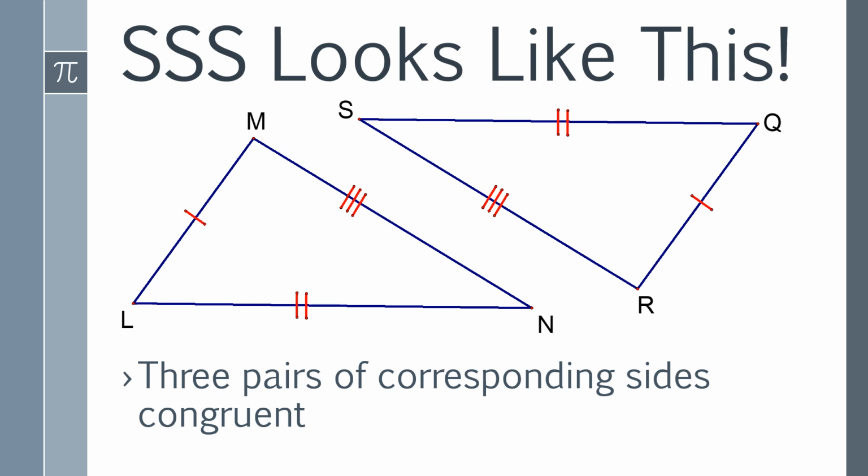You have one mark here that's congruent there. We have two marks here that's congruent, that matches up with these two. And then we have three over here, and that matches up with the three over here.